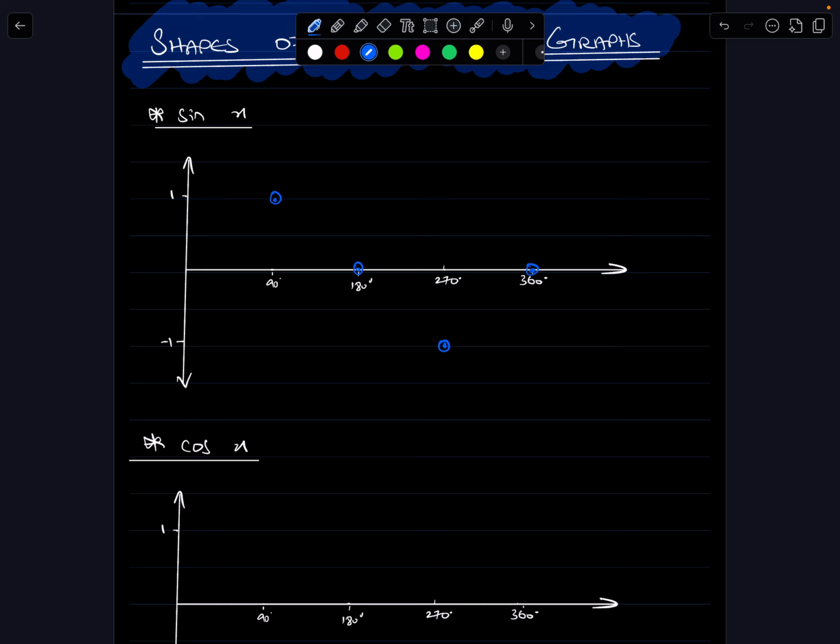So what you have to remember is that the basic graph of sine starts off from 0, or in other words, the midpoint in this case. And the shape of the graph would look something like this.